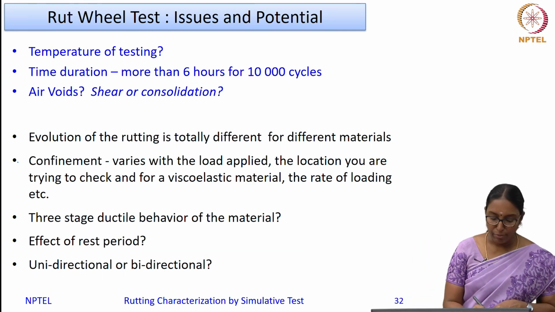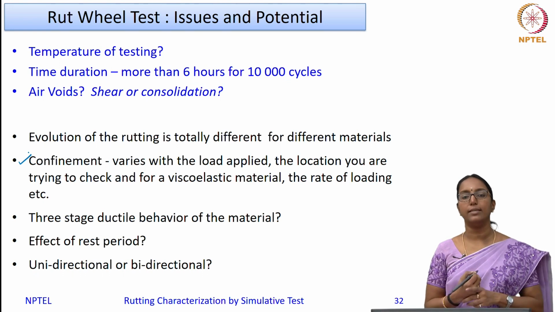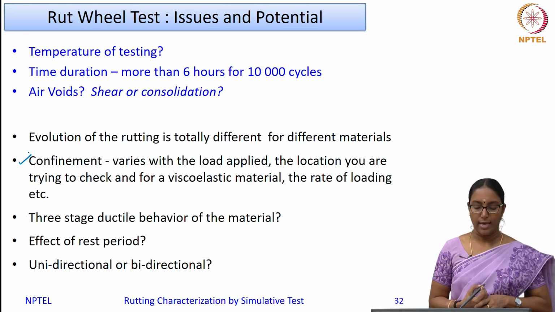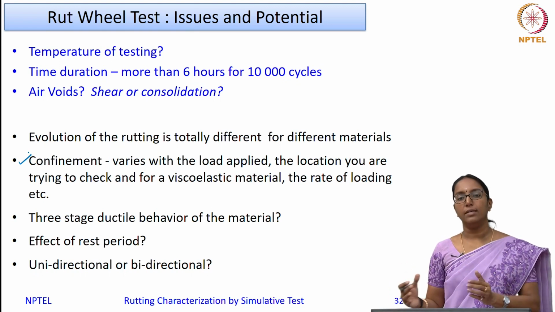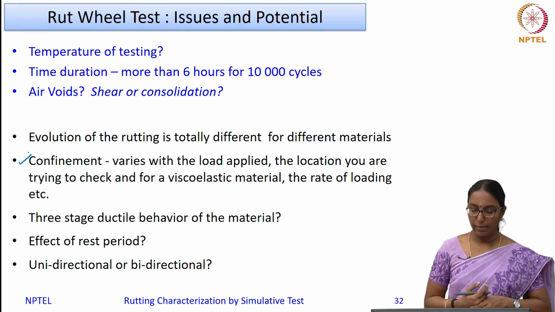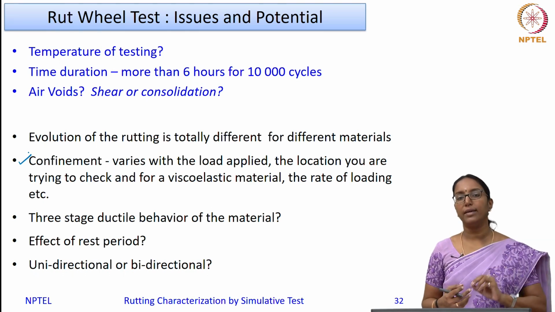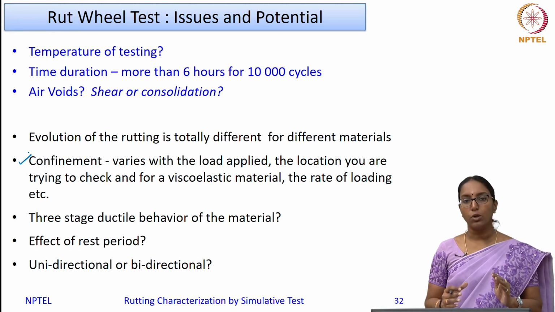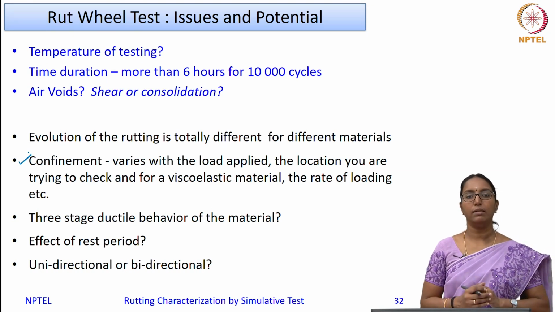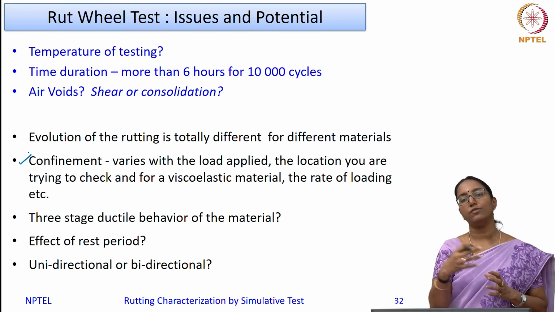And the major important aspect is the confinement condition. As I mentioned in the case of ASTM standards, the confinement that is happening on the material in the field is highly varying. This will depend upon the load that is applied, at which point you are trying to collect the information, and for a viscoelastic material, which bituminous mixture is, this confinement will depend upon the rate of loading as well.